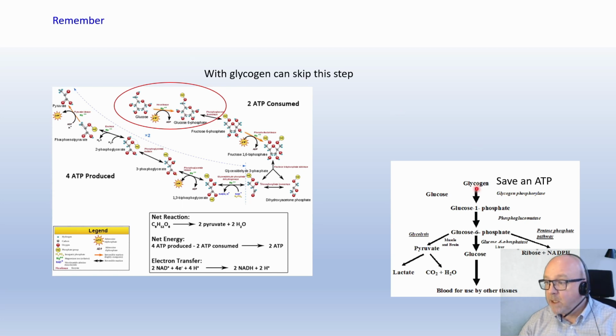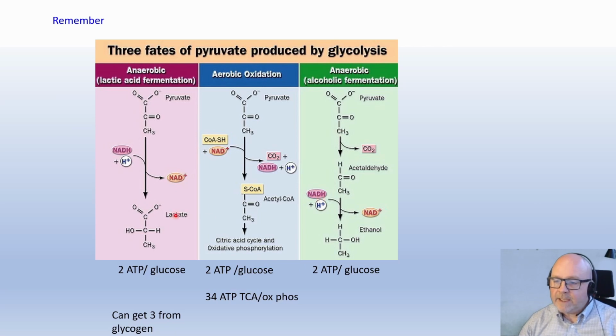We directly make glucose 6-phosphate almost. So rather than consuming 2 ATP in the investment phase of glycolysis, we only consume 1, so therefore we can net 3 ATP instead of 2 via this or this route.